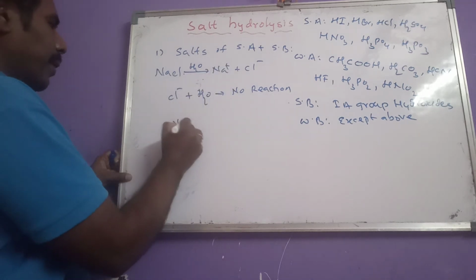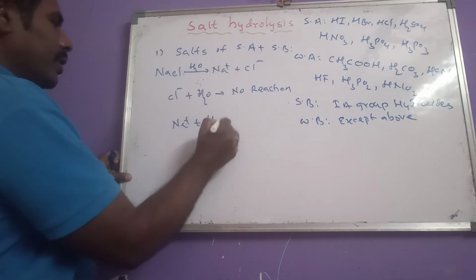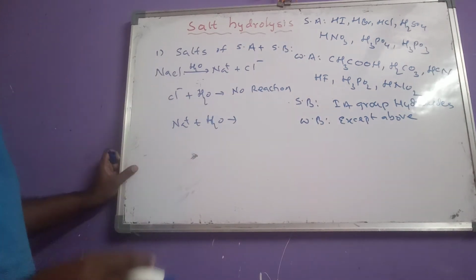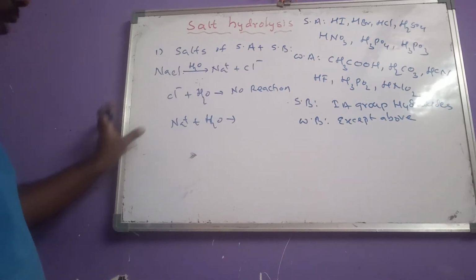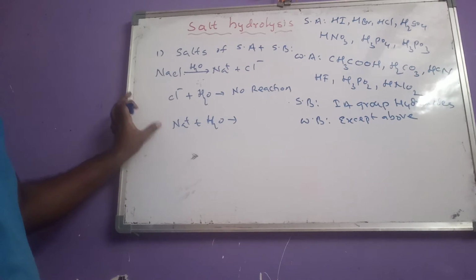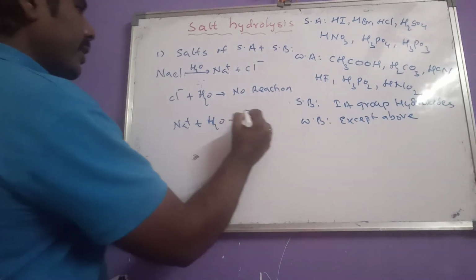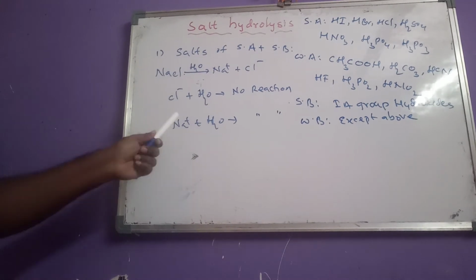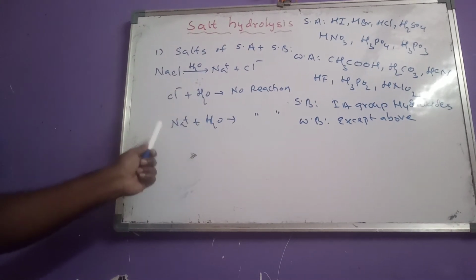Now Na+ and water. This is also produced from which one? Strong base. So it is also a weak conjugate acid. As it is a weak conjugate acid, no reaction in between H2O and Na+.